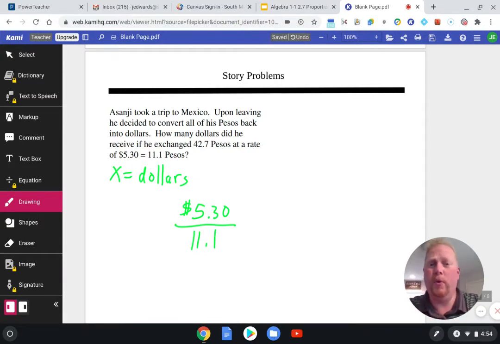Now, it doesn't matter what order you set it up in. You could put the 11.1 pesos on top and the $5.30 on bottom. It doesn't matter what order you set it up in as long as you follow that same order on your second fraction. So on the numerator, I have dollars, and in the denominator, I have pesos.